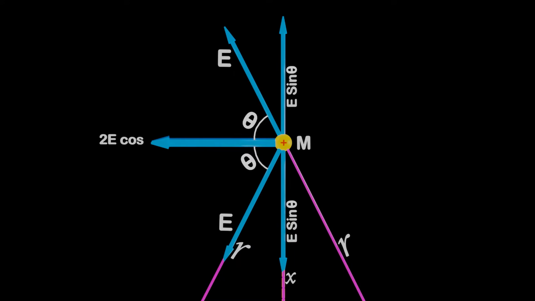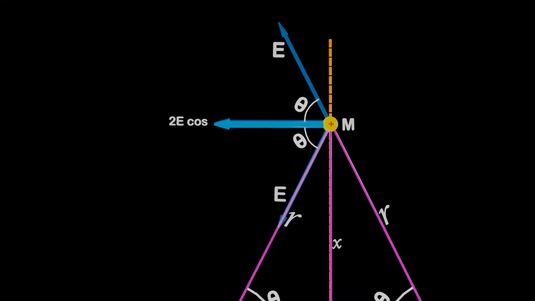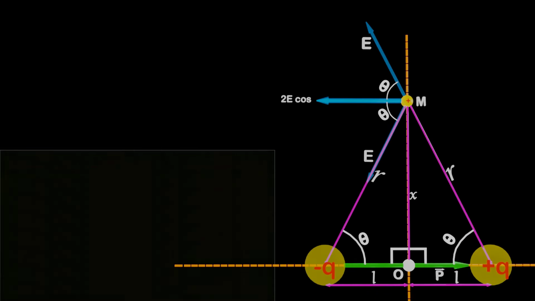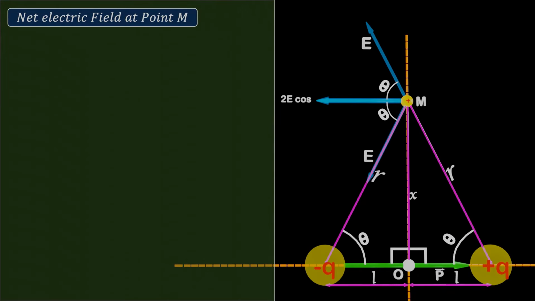However, the vertical components are opposite to each other and will be cancelled out. So, now that we have split both electric fields and cancelled out the vertical components, we are left with only 2E cos theta. This is our net electric field at the equatorial position, which we can represent as E perpendicular.